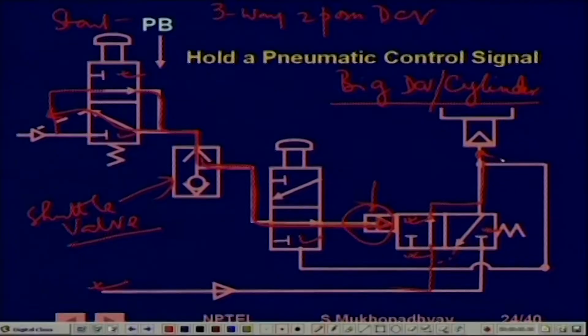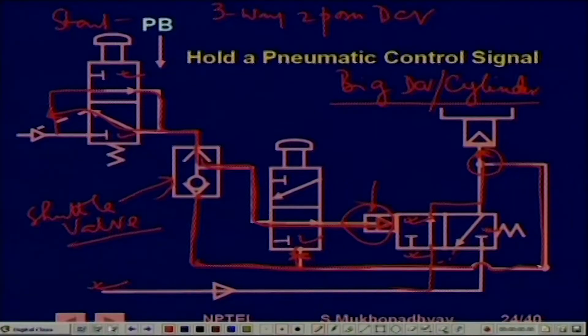Now the interesting thing is that one need not keep this push button pressed, because once the pressure develops here, that same pressure is going to be fed back, and this connection is wrong, it should be connected here. So it is fed back here.